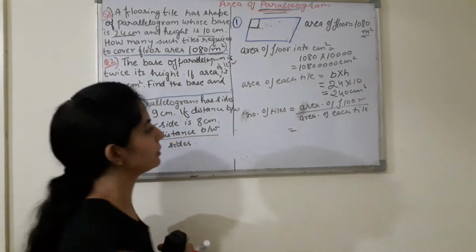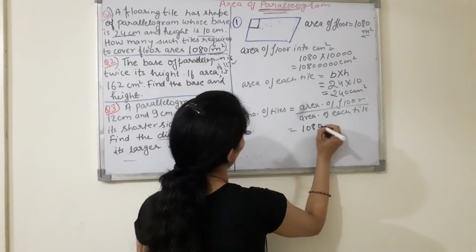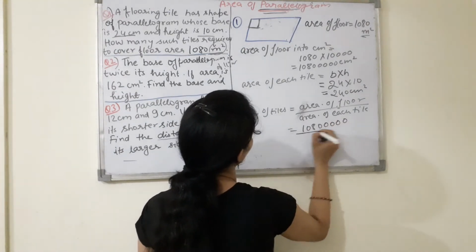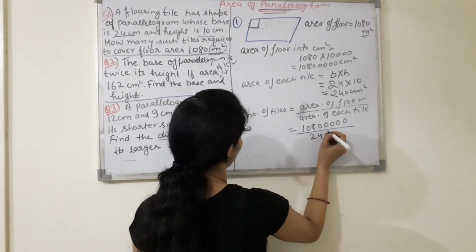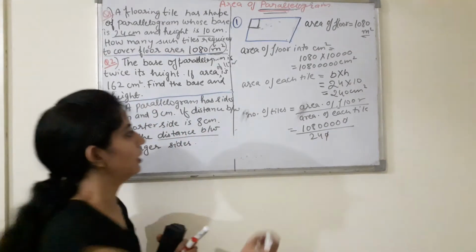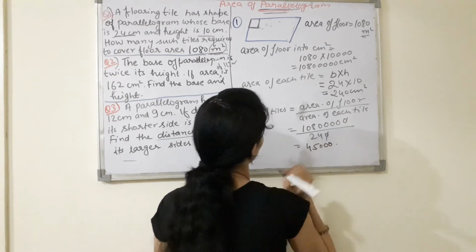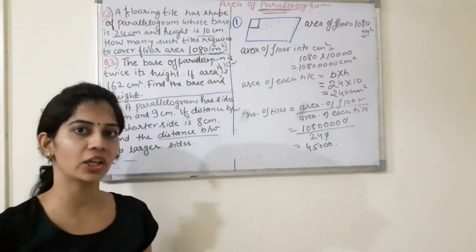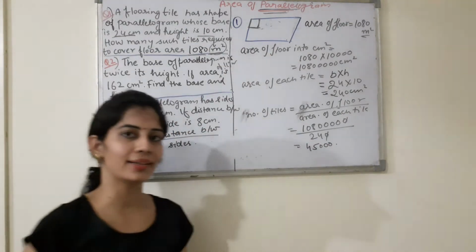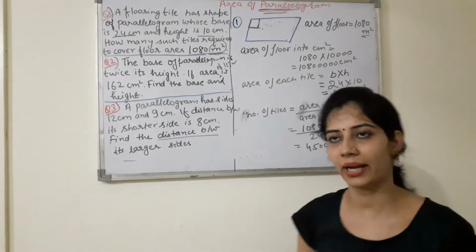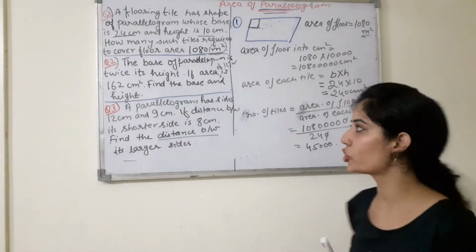So this is 10,800,000 divided by 240. The zero will be cut. Now when you divide this, you will get 45,000. It means 45,000 tiles are required to cover the floor, right? So now move on to the next question.